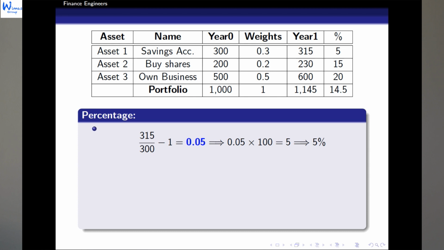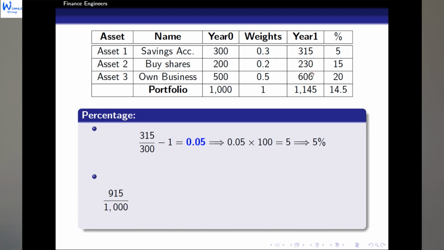And in case, for example, we look at the shares we invested in, and the company goes bankrupt, that means we don't make those 230 in our example. So our portfolio is going to end up with 915, because it's 315 plus 600 only, because the second asset is not there.